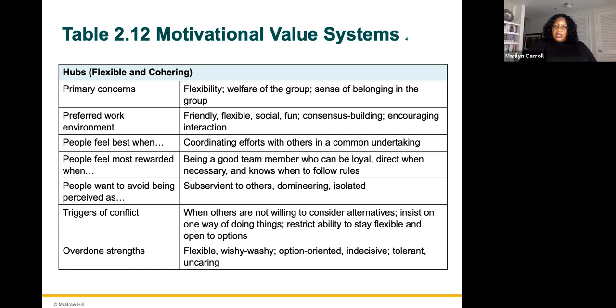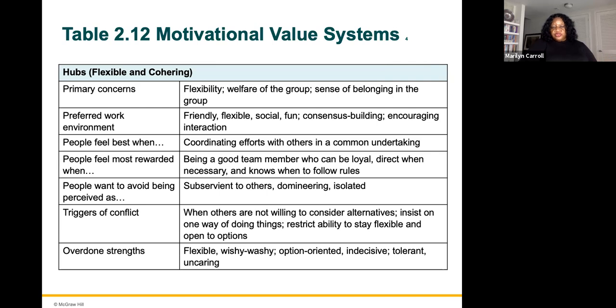Hubs are rewarded most by being a good team member who can be loyal, direct when necessary, and knows when to follow rules. Hubs are also people who want to avoid being perceived as subservient to others, domineering, or isolated.